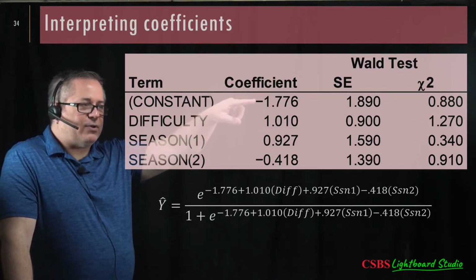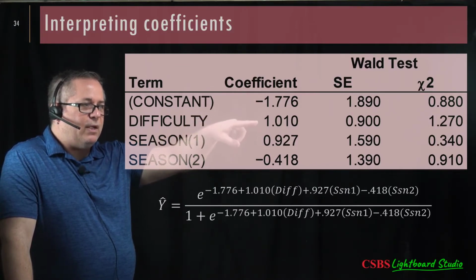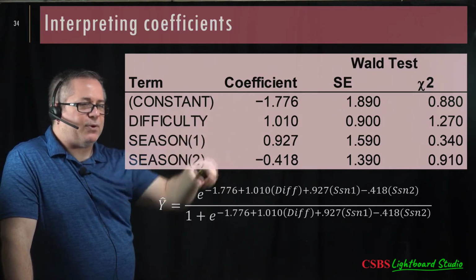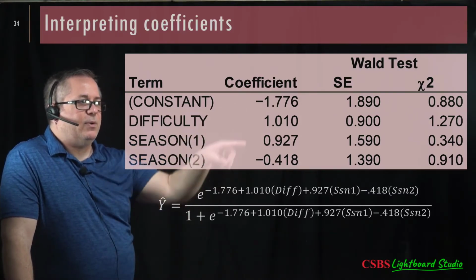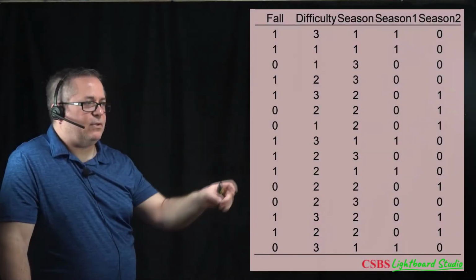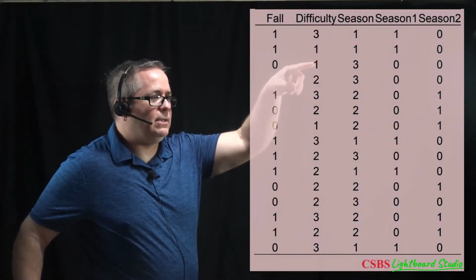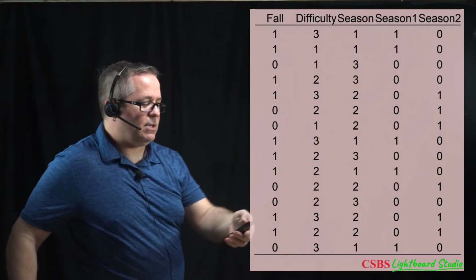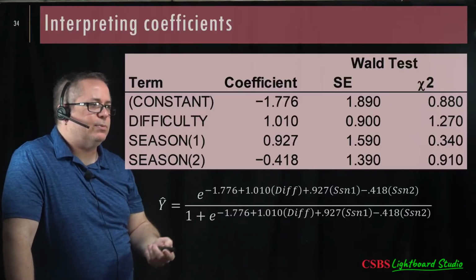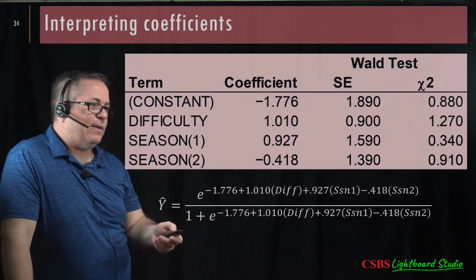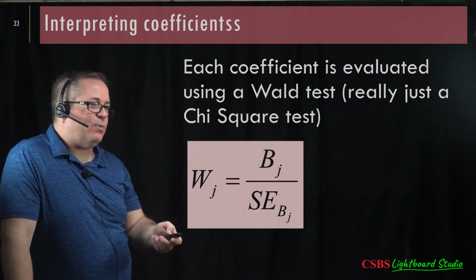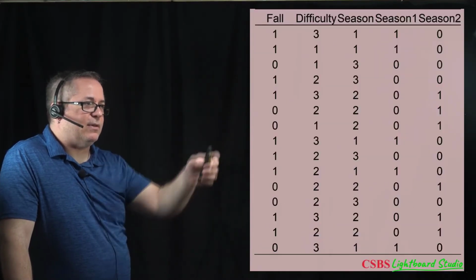But what does that number actually do? This is the value for what? Maybe let's go here. As I go up in difficulty, each unit, what's actually changing here? If I go from 1 to 2 difficulty, I should go up 1.01 what? What is the y we're talking about here?